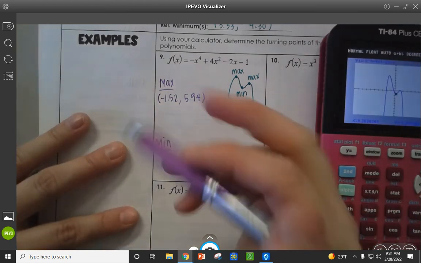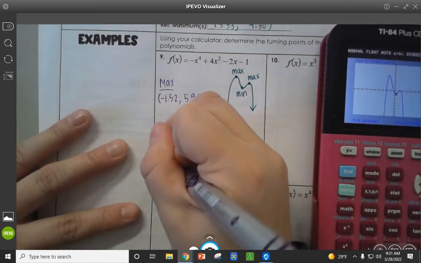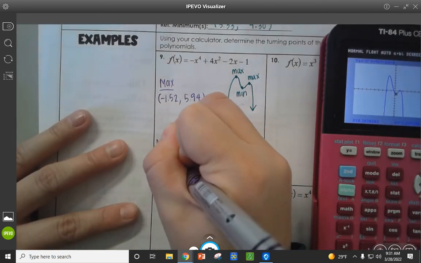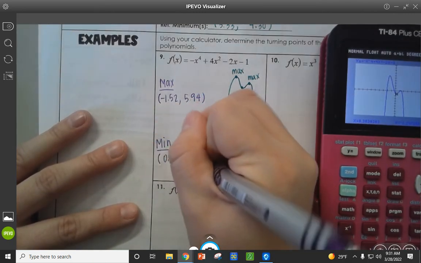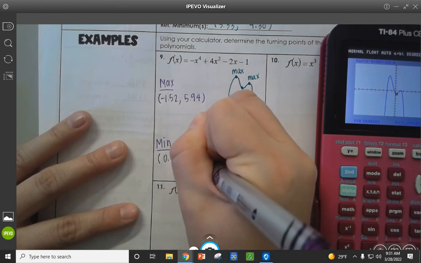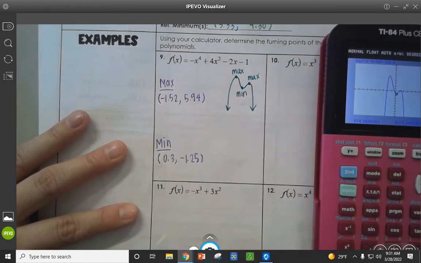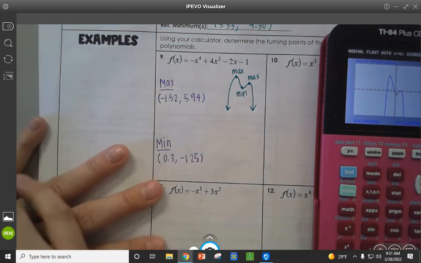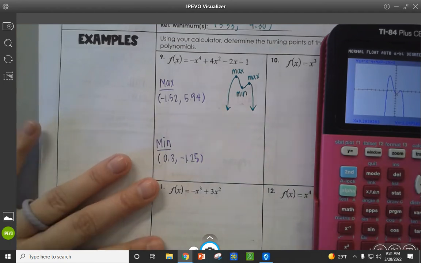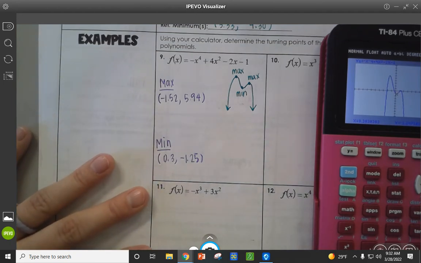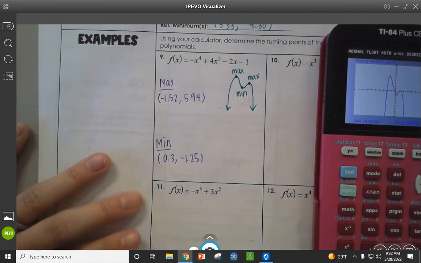So really your minimum is 0.3, -1.25. So on a minimum, we're looking at the y value. We want the lowest y value. And on the maximum, we want the highest y value.